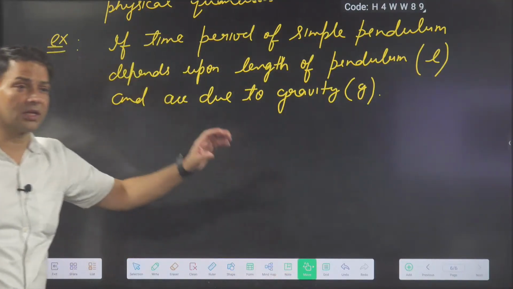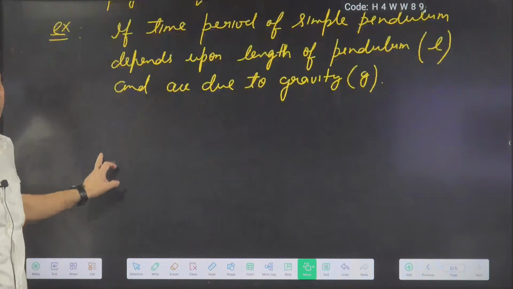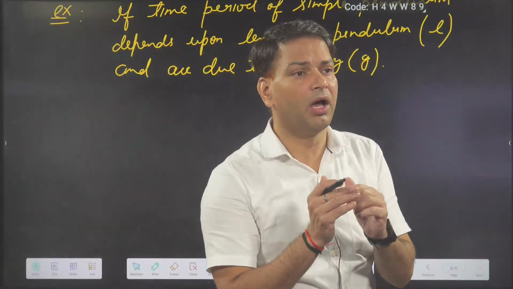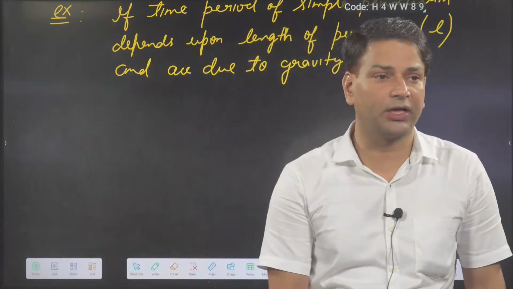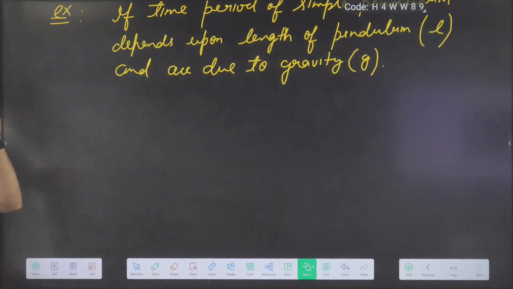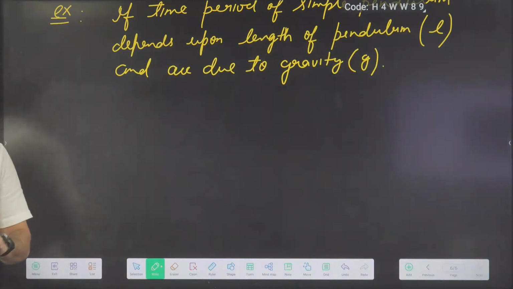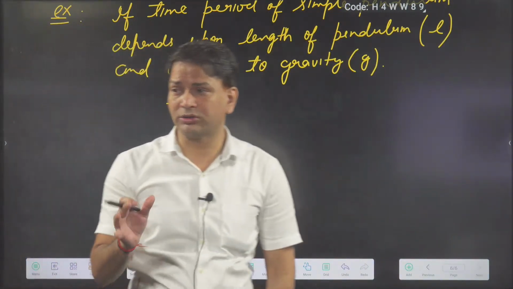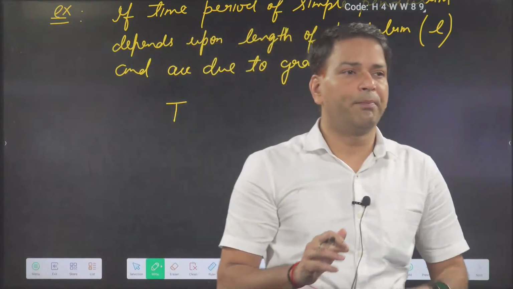What we will do, in the previous class I said one method, to write the dimension when we are changing the fundamental system, how we can find the dimension of different quantity. Same method we will use here. So listen now. Time period here depends upon the L and G. But how, I don't know.